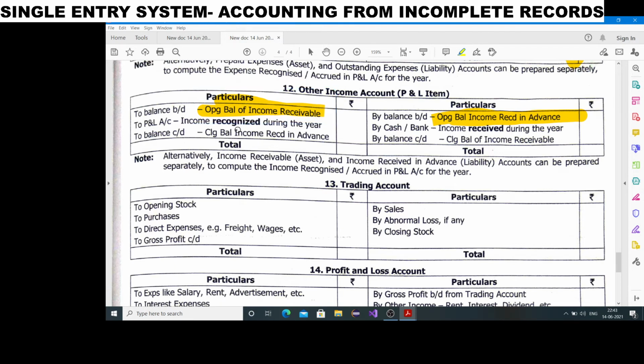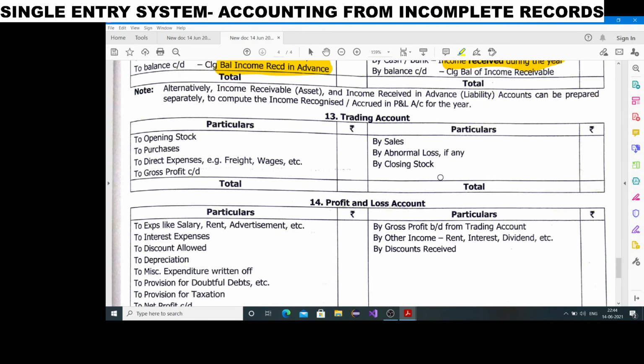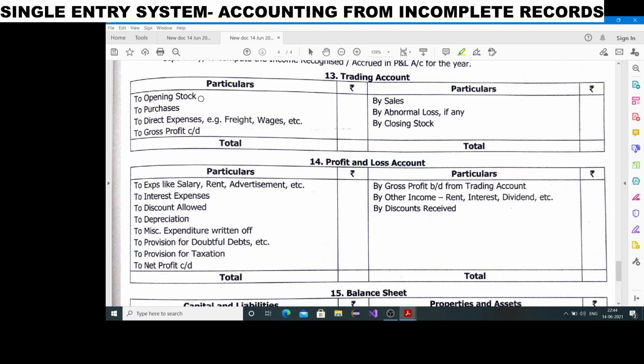This is the income, the closing balance you are given. So this is the amount which we recognize during the year, and this is the amount which we have received in total during the year. The trading account comes first. We record opening stock, purchases, and direct expenses in the trading account, then sales, where we record net sales.